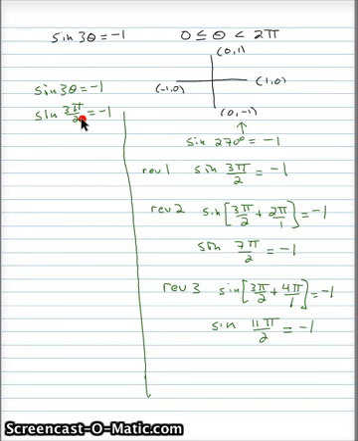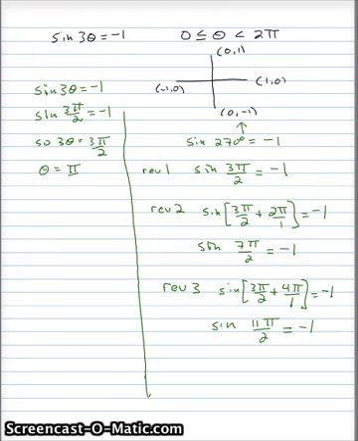And then if we divide both sides by 3, that would give me theta is equal to pi over 2. So that's one of our solutions, but not the only solution.